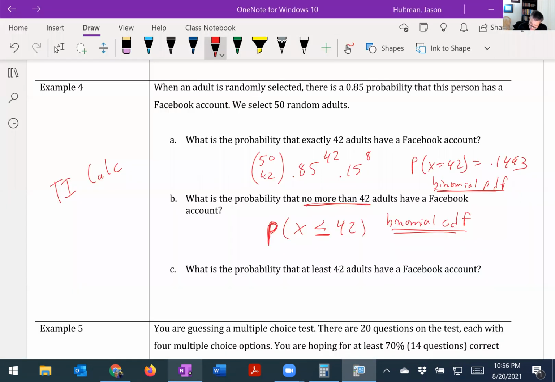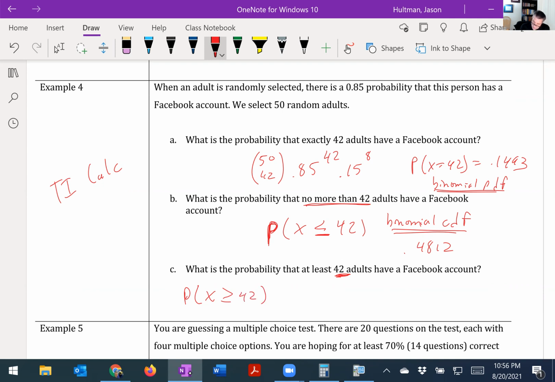0.4812. Okay. What is the probability that at least 42 adults have a Facebook account? Well, let's think about what that means. Probability that at least 42 adults means that we have X is greater than or equal to 42.